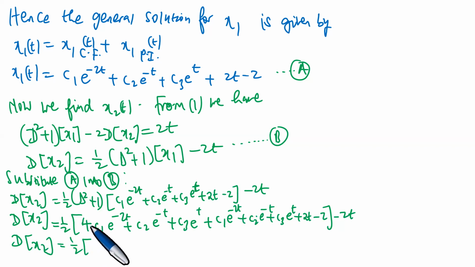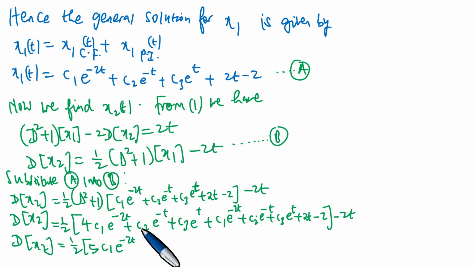Okay, if you have the 4, c1 is going to be 5. c1 e to the -2t. Then you have the c2. There are 2 of them. Okay, just check that there's no mistake there. There are 5 of them.